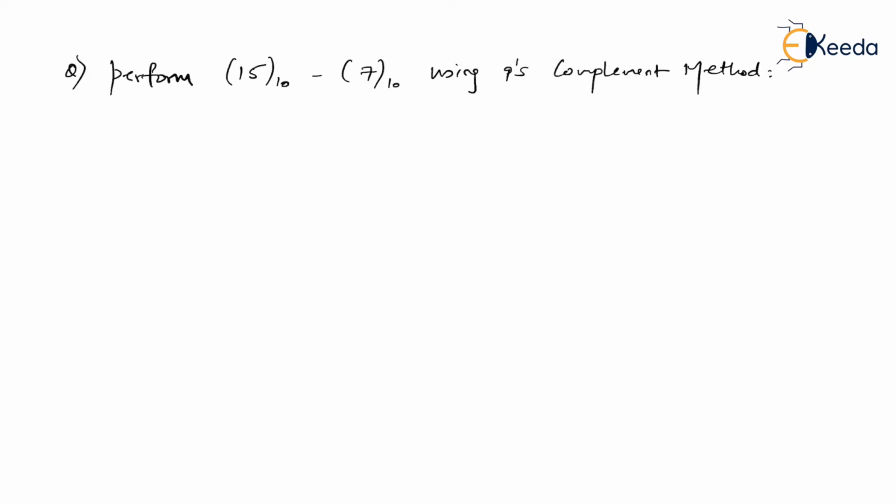Now what's that? Check it out. Can't you see that the base is 10? Base is 10 means what? R equal to 10. They are asking you to follow the 9's complement method. Come on, R is equal to 10 and you are using a 9's complement method. Can't I say this is actually R minus 1's complement?